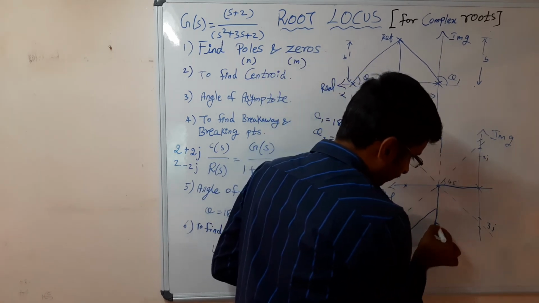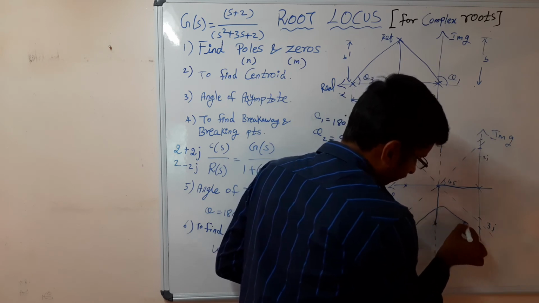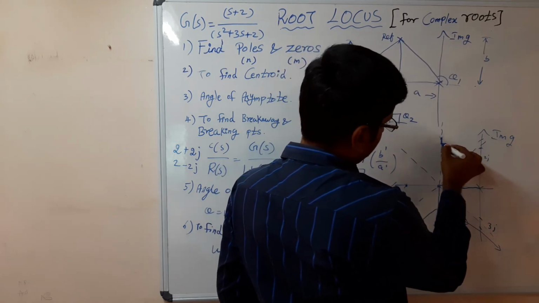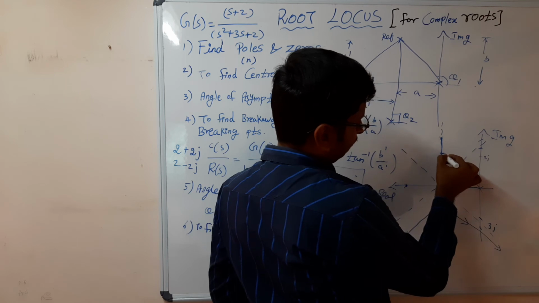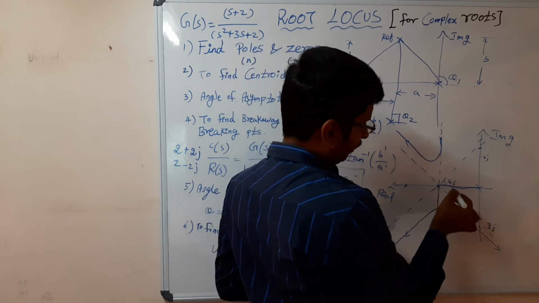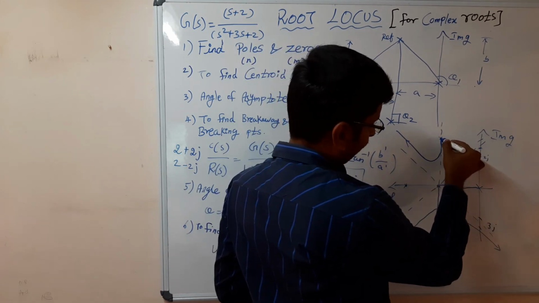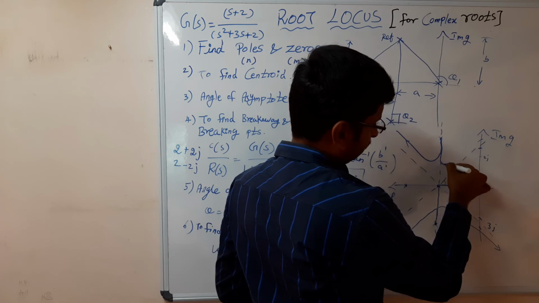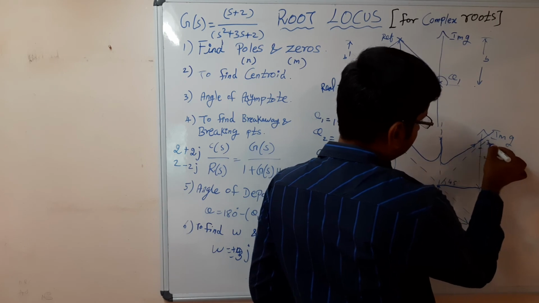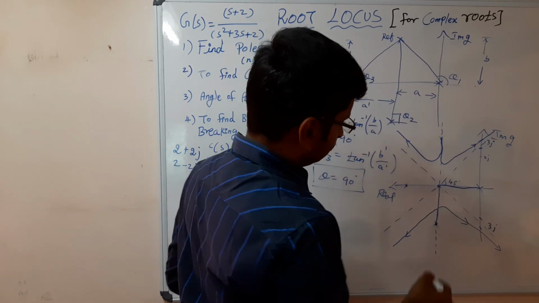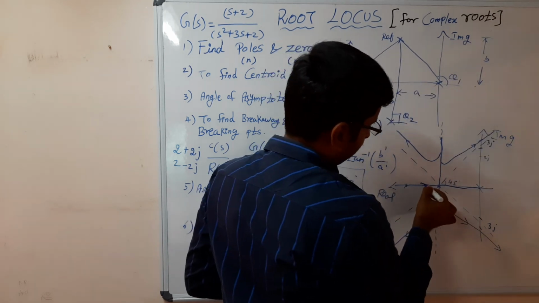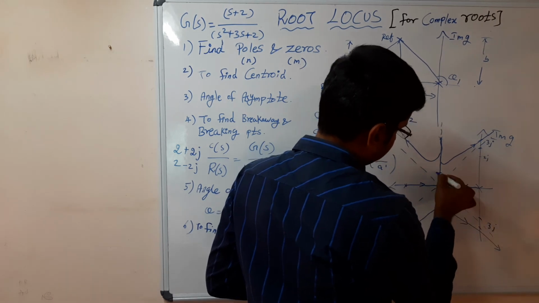In the same way, another path will flow like this, and my third path breaks over here and travels like this, parallel to your angle of asymptote. My fourth path will travel like this and it crosses my crossing point on the imaginary axis over here at 3j. So this is how you will get the fourth path. Arrow mark, don't forget to put the arrow mark.